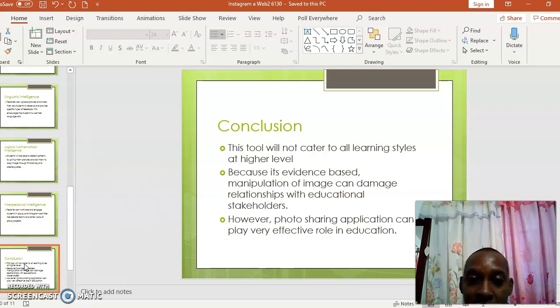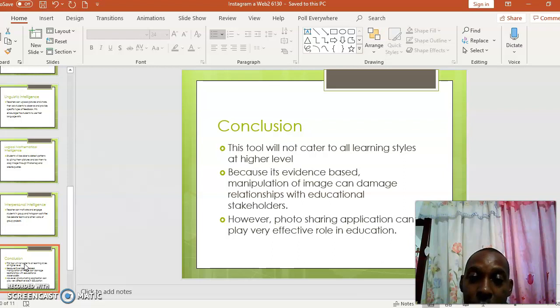Because it's evidence-based, photos which can be manipulated, if distorted, can create damage in terms of relationships among stakeholders. So that is a very sensitive area.